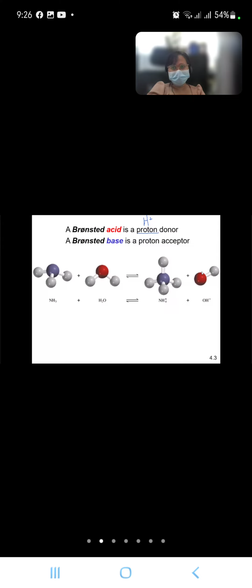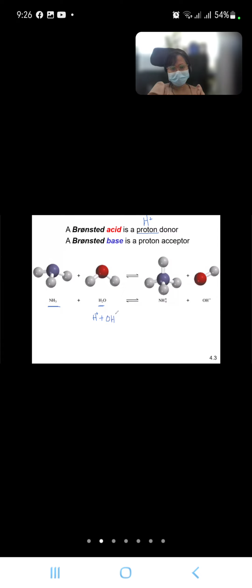So for example, in the reaction between ammonia and water. Now ammonia is a weak base. Now here, water is the only one that has a hydrogen ion. Okay, water is formed from hydrogen ion and OH ion.